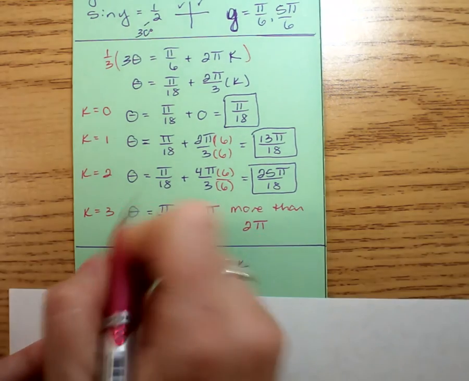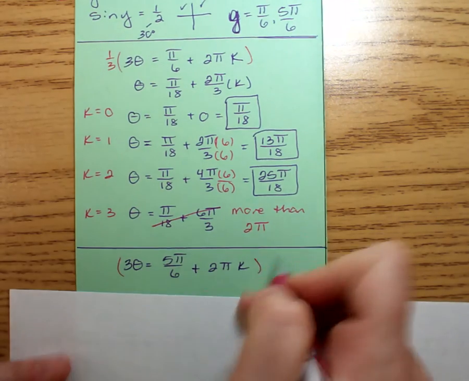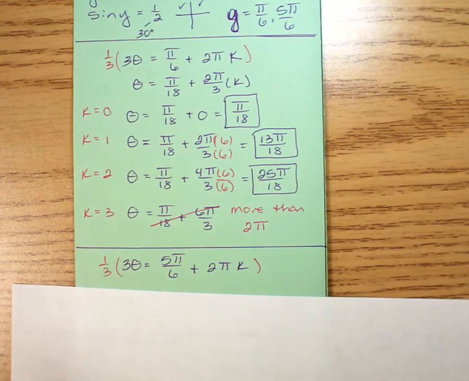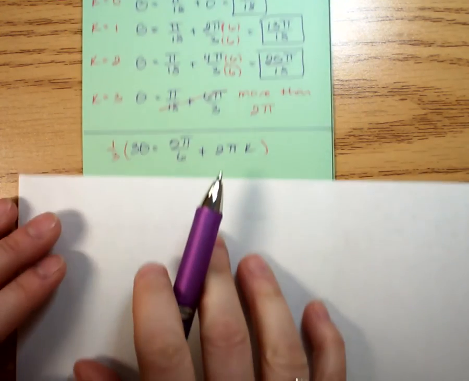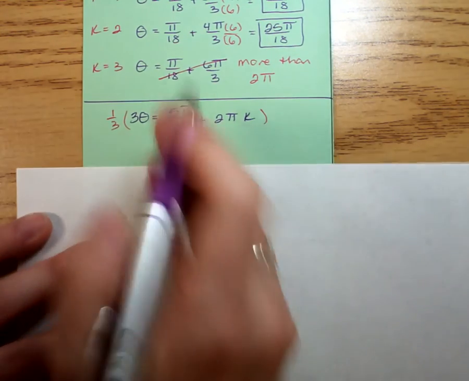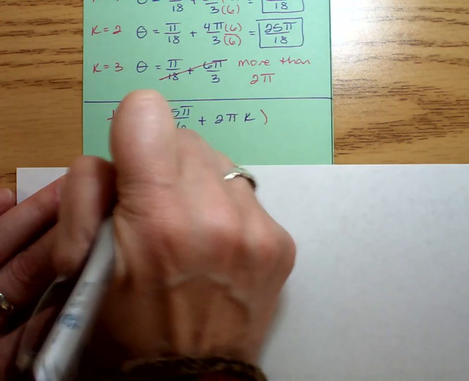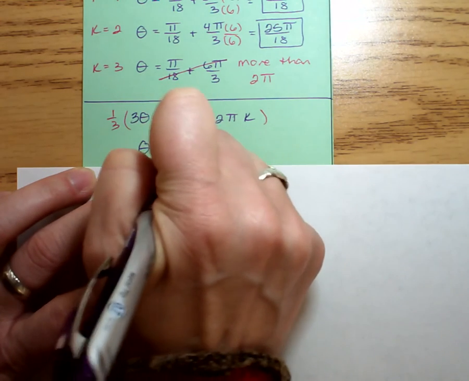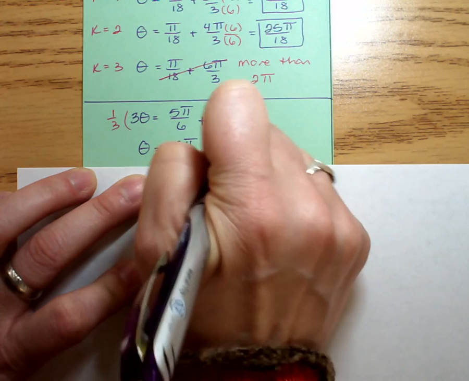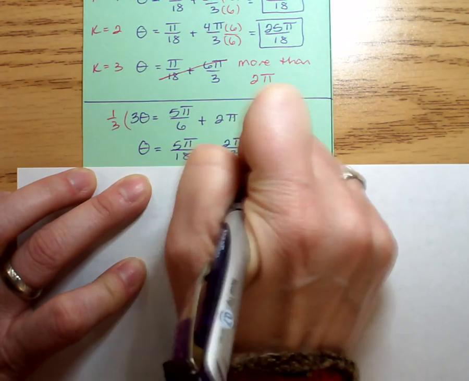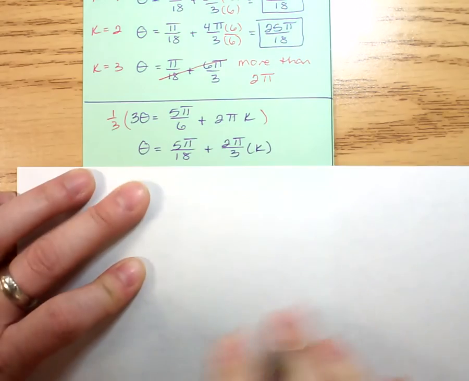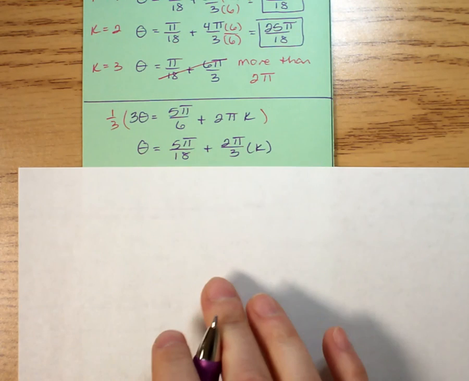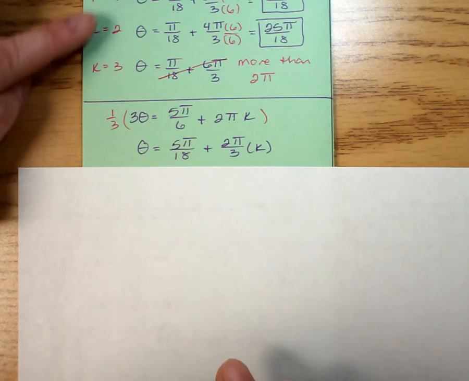I can divide by 3, or think multiply by a third, whichever one you prefer. And when I do that, I will get theta equals 5 pi over 18 plus 2 pi over 3 times k.